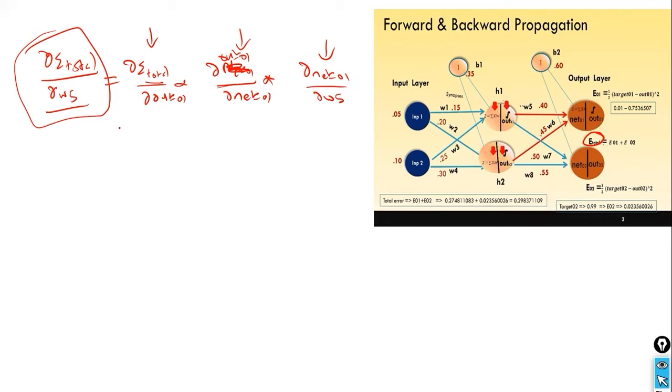First we'll take a look at the E total, which we have already discussed.